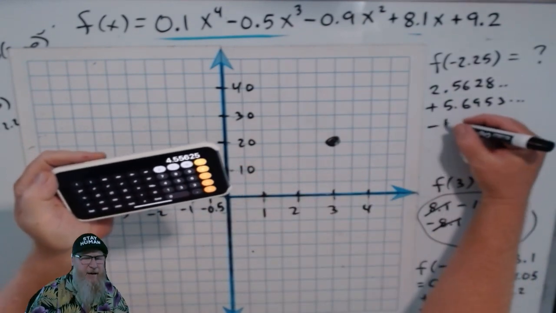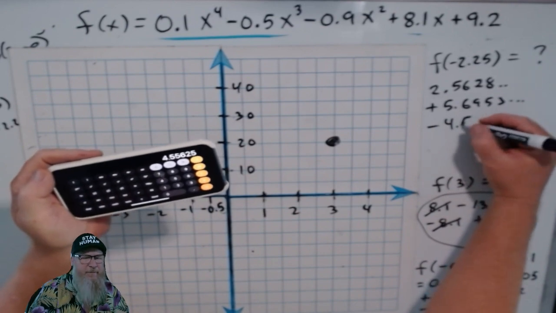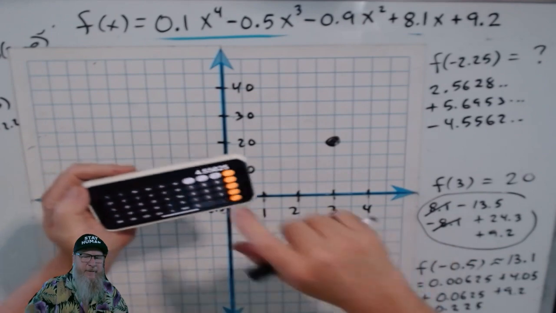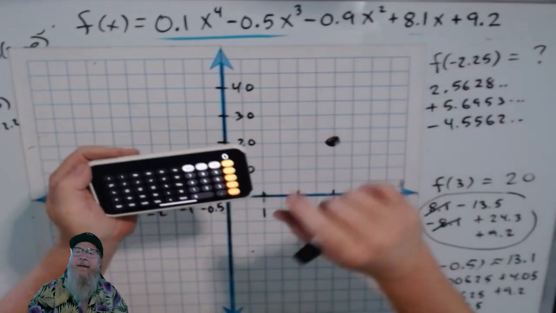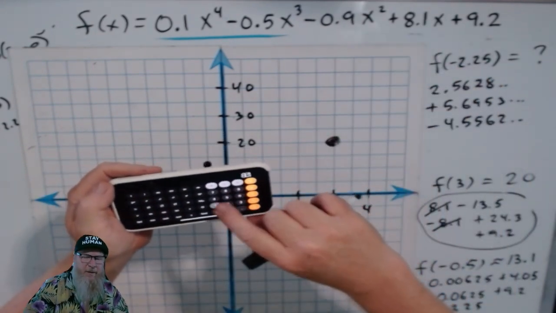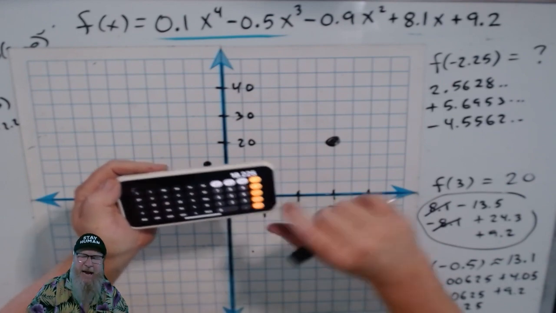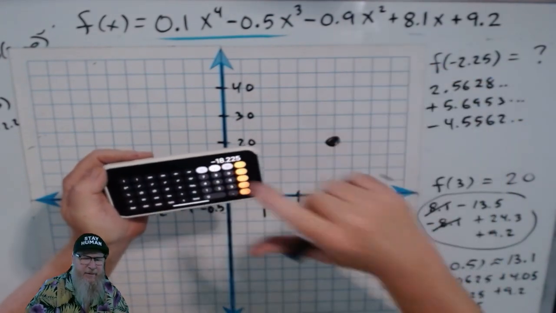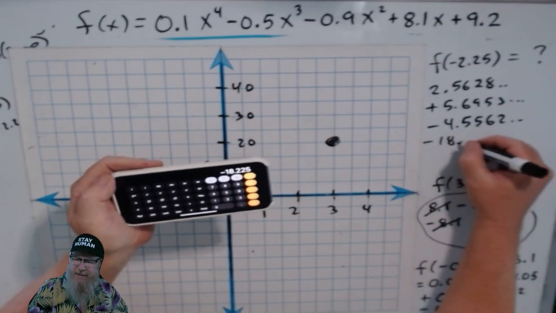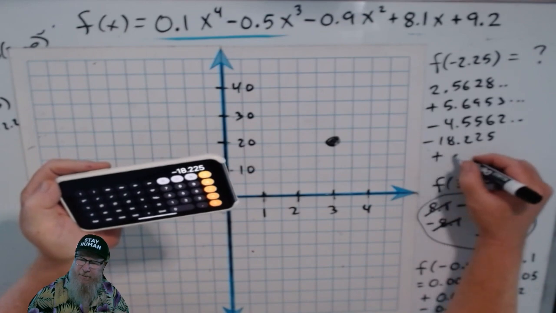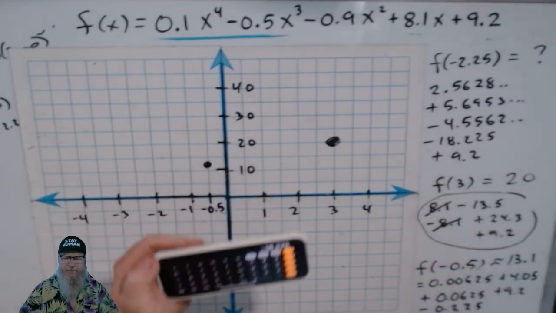That's negative now, 4.55625. And then I've got 8.1 times negative 2.25. So that's negative 18.225. And then finally plus 9.2.